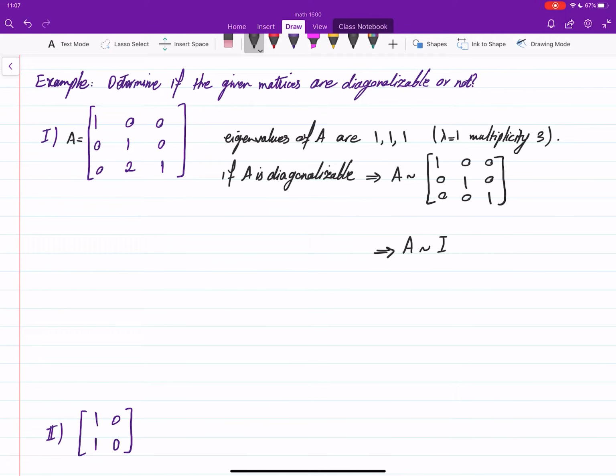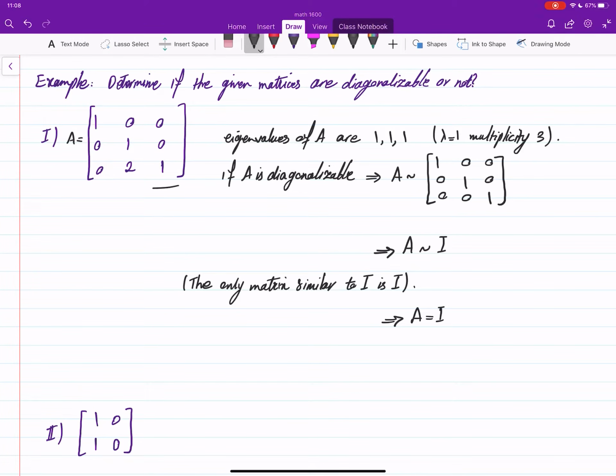But remember that the only matrix similar to the identity is the identity. Well, this means that if A is similar to the identity, we should conclude that A is equal to the identity matrix. It must be the identity matrix itself.